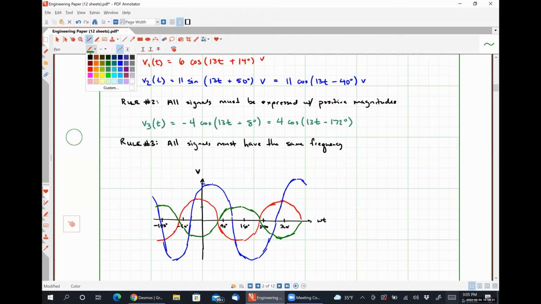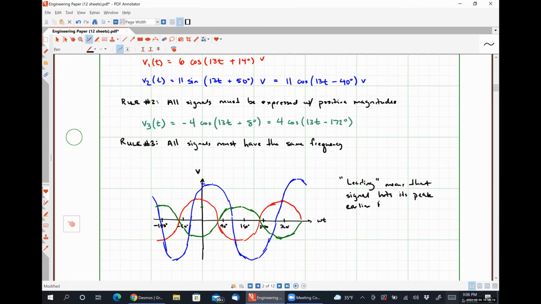So leading means that the signal hits its peak earlier in time than what we are comparing to.